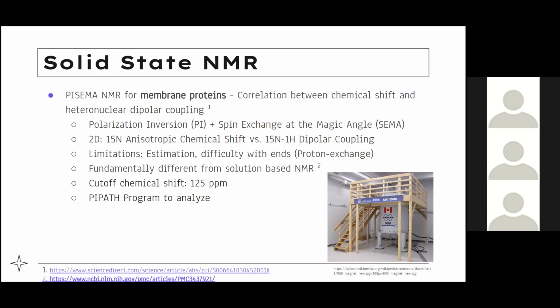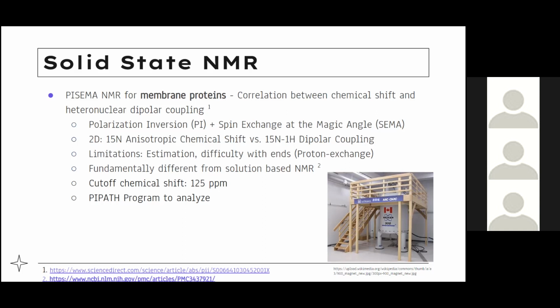And basically, it creates a correlation between chemical shift and heteronuclear dipolar coupling. And this can be used to find constraints for simulations of the molecule in computers. And that can help figure out how it functions and what its structure actually looks like.